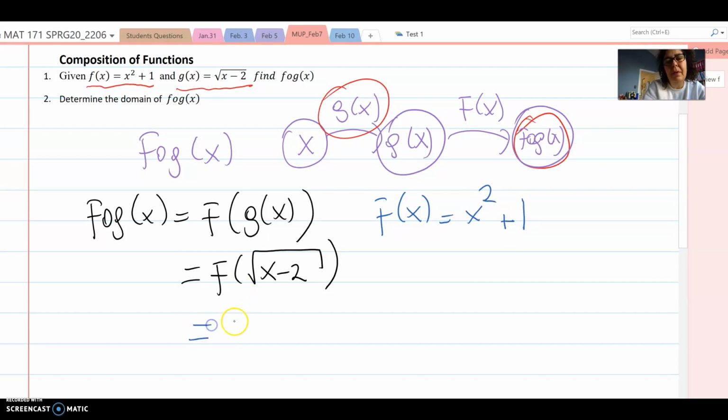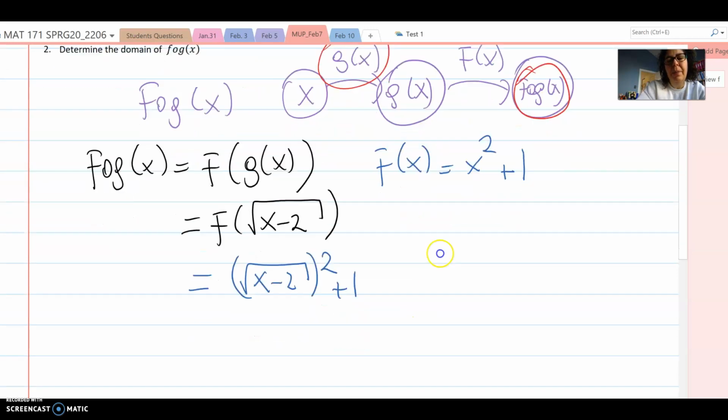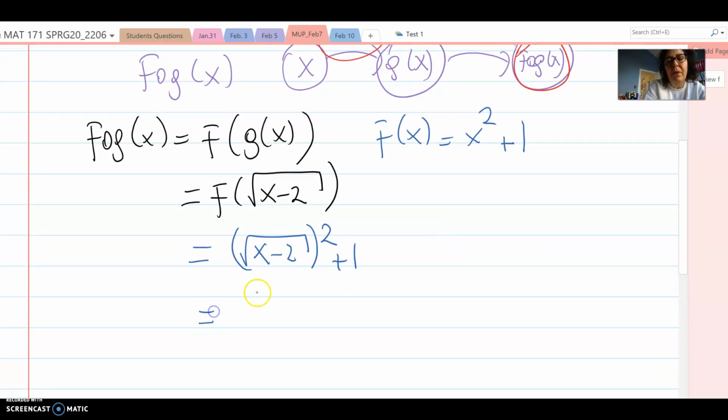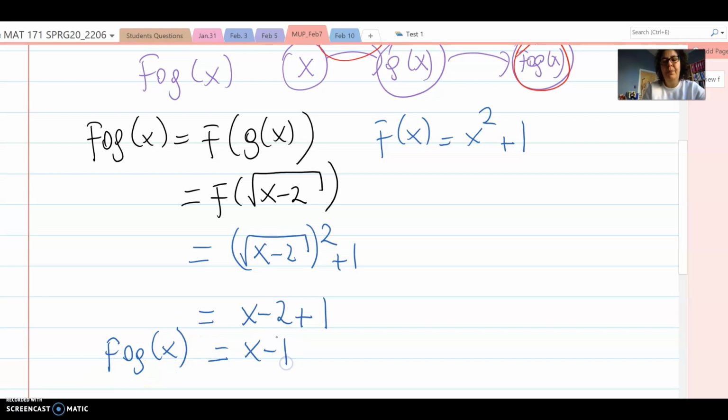So that's what's going to happen with the output coming from g. We will square it and add 1, and then we are going to end up with x minus 2 plus 1. So our resultant function, the composite function f of g of x, will be equal to x minus 1.